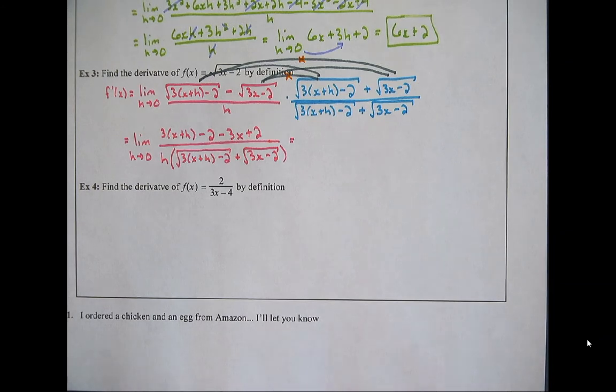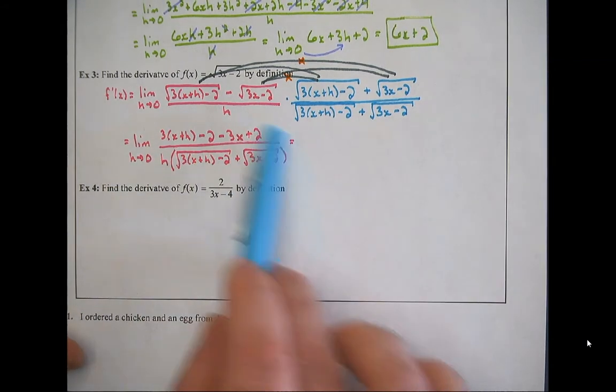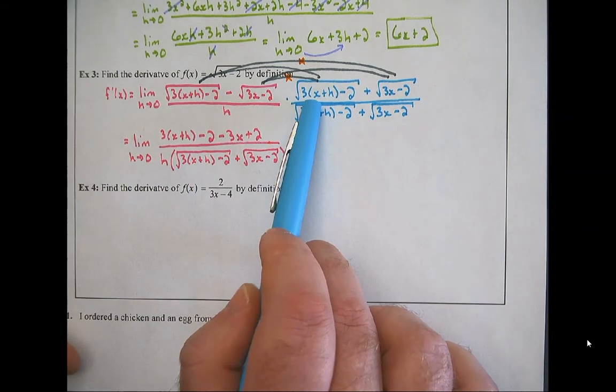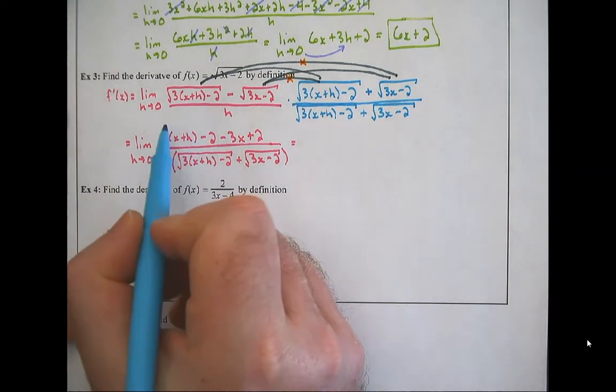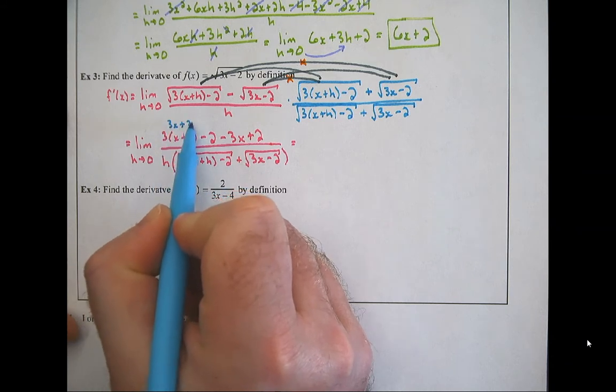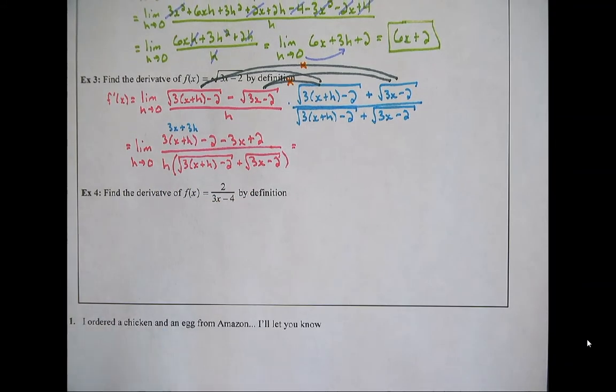I'm going to be a little lazy, and I'll let you be that same level of lazy. You don't have to rewrite everything just to distribute this. I probably should have distributed at the same time, but I didn't want to get too confusing. So I'm going to write 3x plus 3h above that. You don't have to show your work there. That's fine if you want to combine those two steps. I'm okay with that.